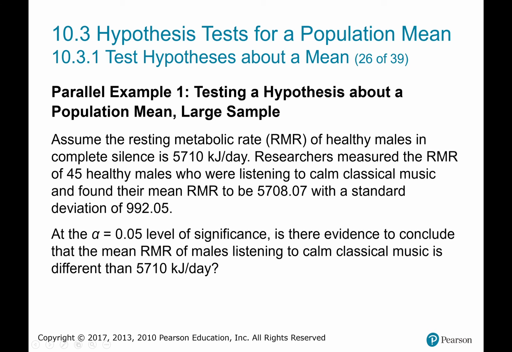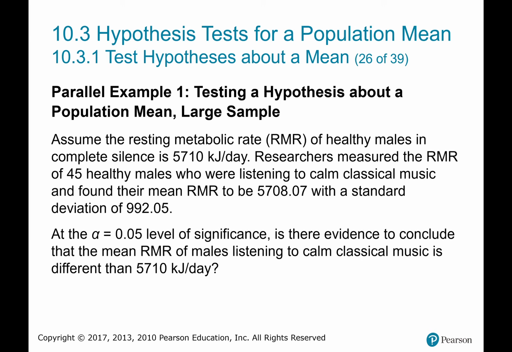So assume the mean metabolic rate of healthy males is 5,710 kilojoules per day. Researchers measured the RMR of 45 healthy male adults who were listening to calm classical music and found it to be 5,708.07 with a standard deviation of 992.05.